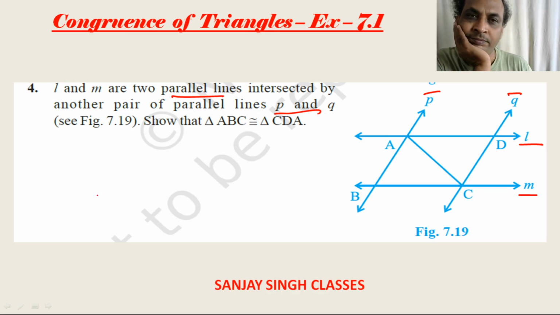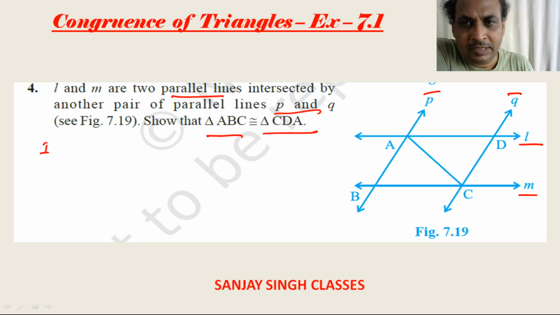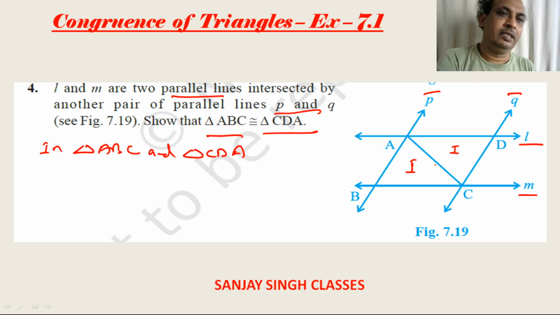So that triangle ABC is congruent to triangle CDA. Let us see in triangle ABC and triangle CDA. ABC is this triangle, and CDA is this second triangle.